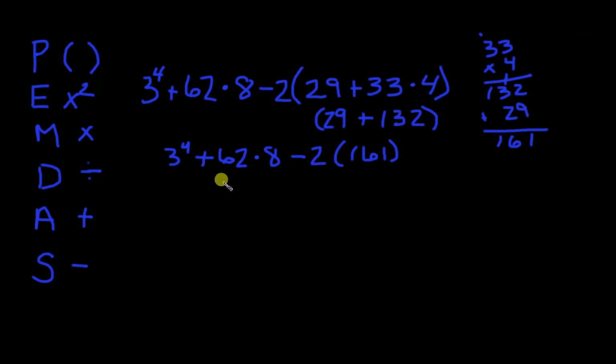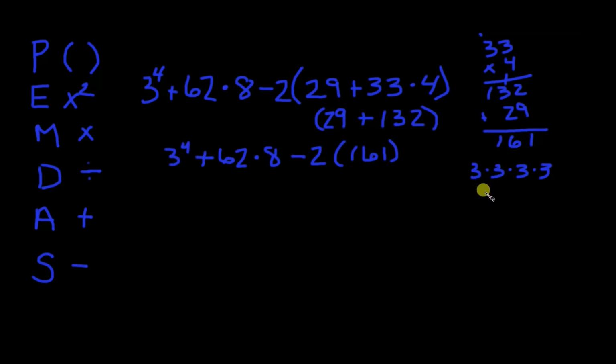So the next step that we're going to do here is we're going to calculate the 3 to the 4th power. 3 to the 4th power is 3 times 3 times 3 times 3. So with exponents, the way we work these out is you write this number this many times and you multiply them.